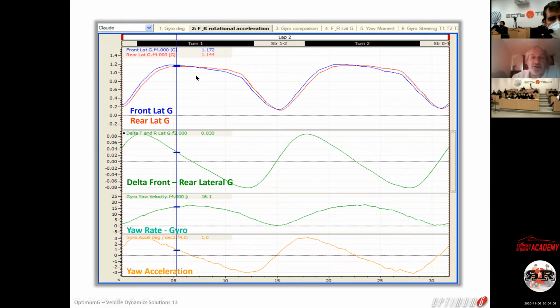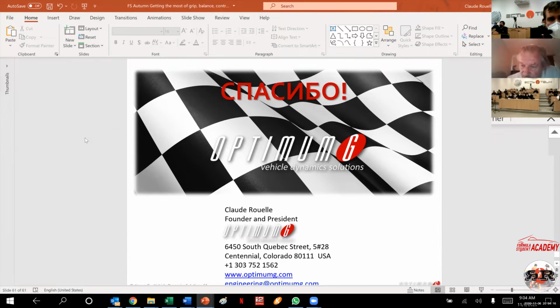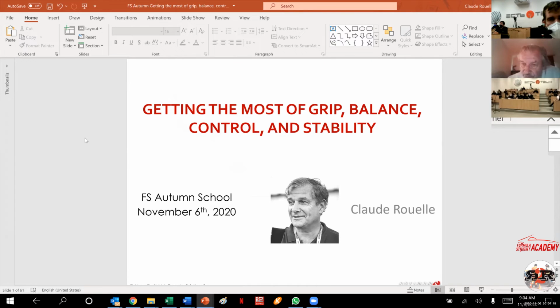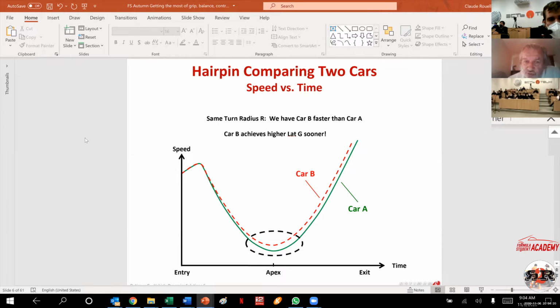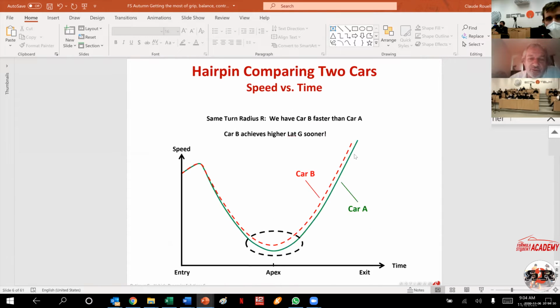And how do you calculate that? Once again, you're going to do the yaw moment: grip on the front multiplied by A minus grip on the rear multiplied by B. That's going to give you the yaw moment coming from the FY.